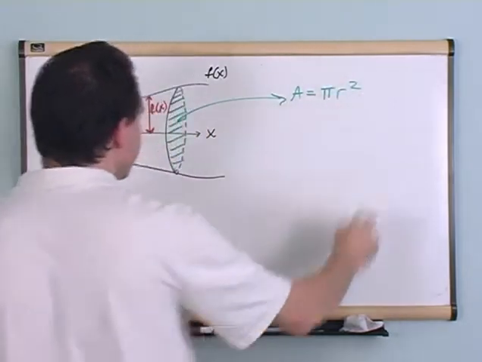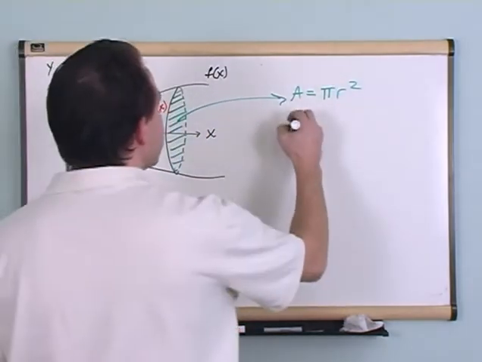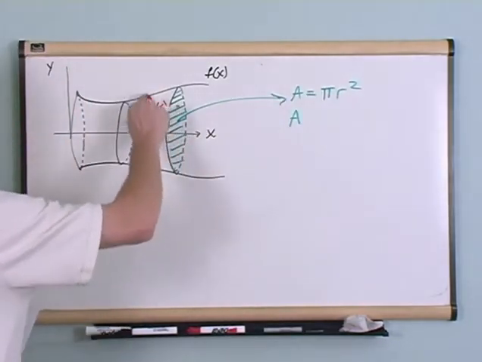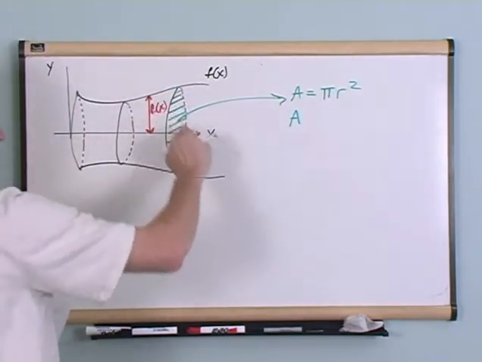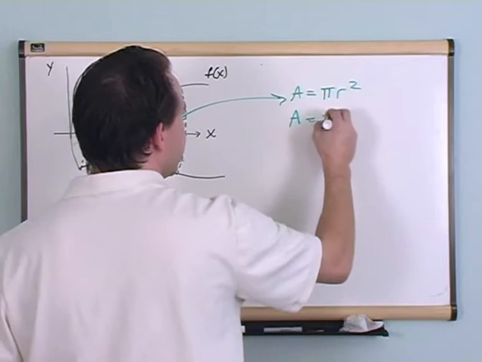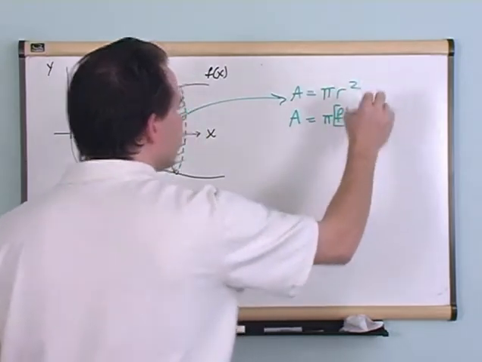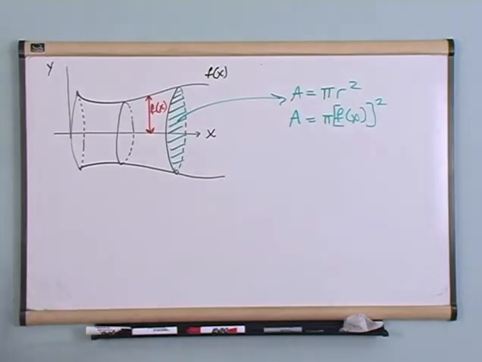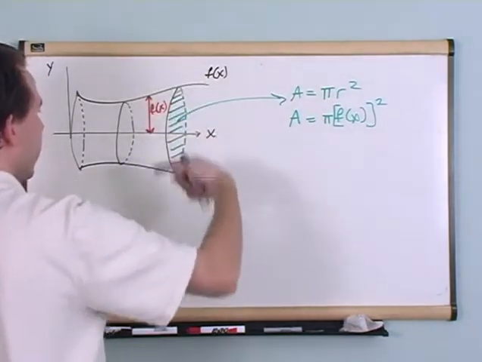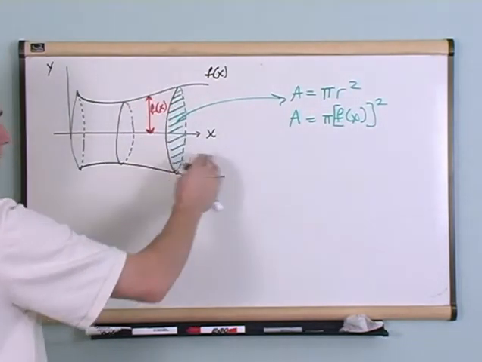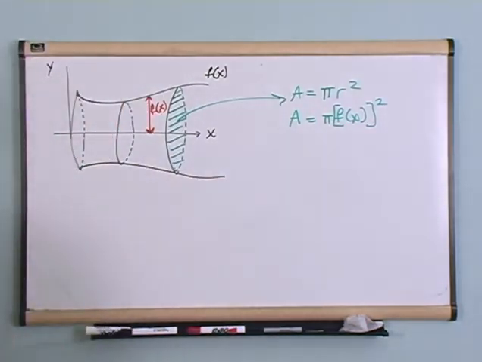But I know what r is. This is the radius, because over here this would be a radius. So the area would be pi times f of x squared. I rotate it around, and it defines a circle in the cross section.